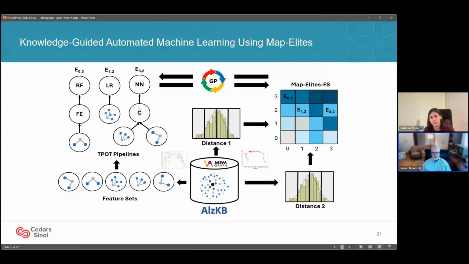Up here we have our automated machine learning method that generates thousands of different machine learning pipelines with these different feature sets. I think there are about 500 or 600 feature sets that it can choose from, tied to the FDA-approved drugs. And then what we do is map the thousands of pipelines to this two-dimensional space, where the numbers represent the distance from known Alzheimer genes.